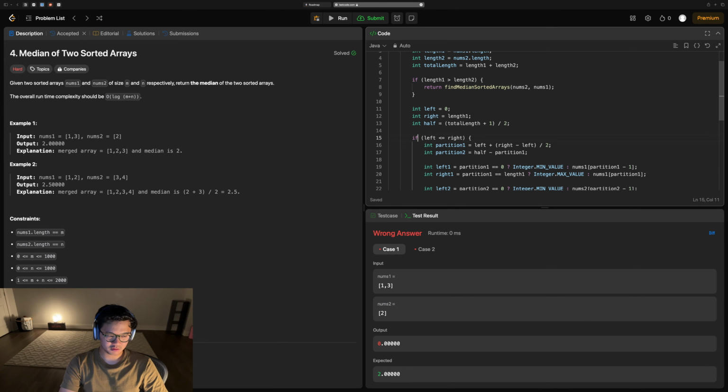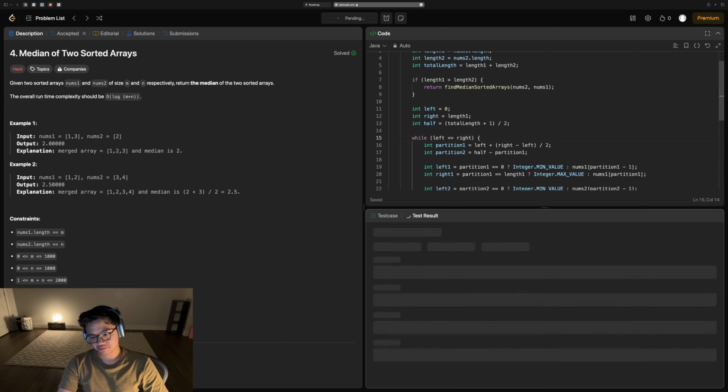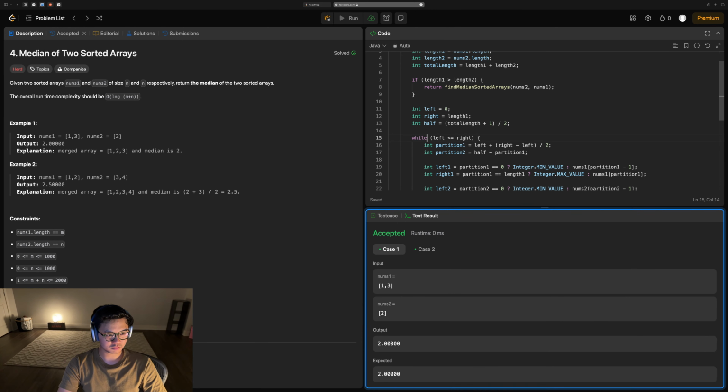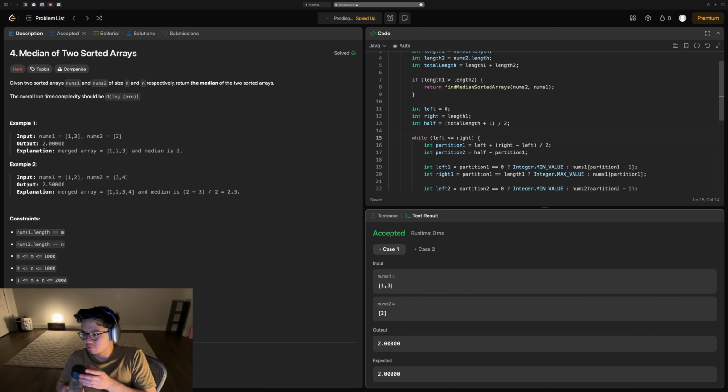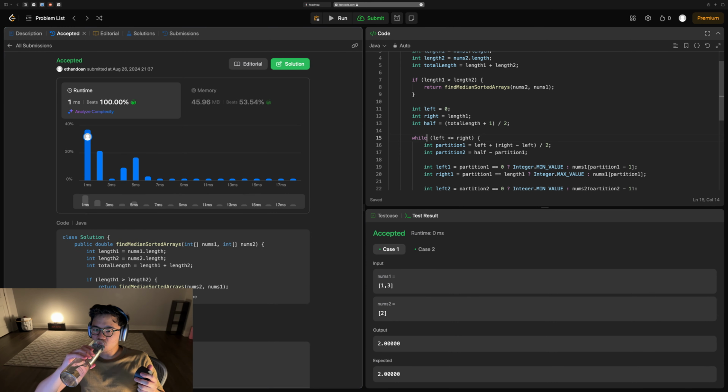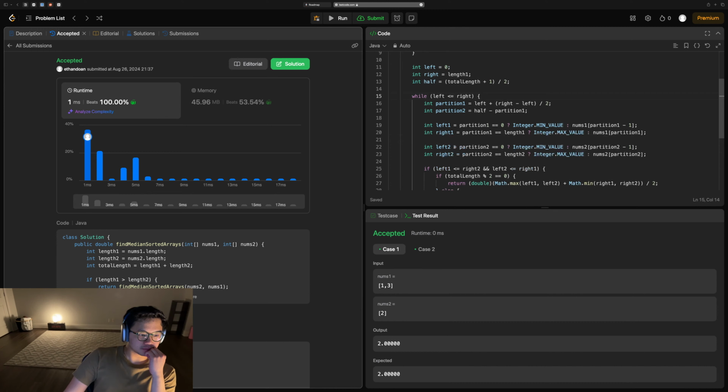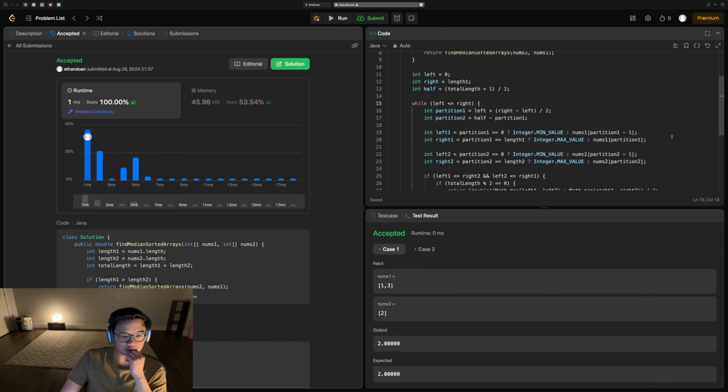So we're getting two values in the middle, comparing them to each other to make sure that we've partitioned in half.